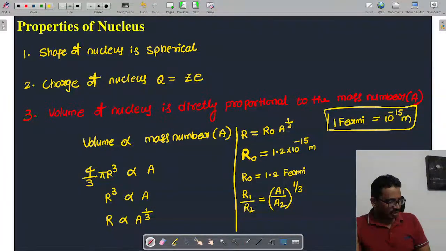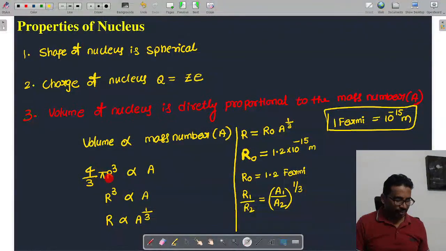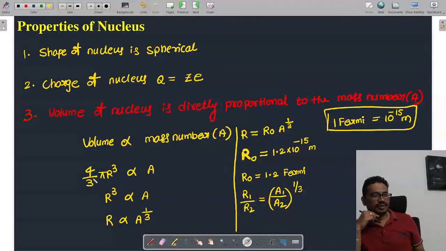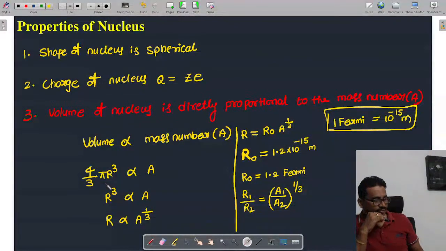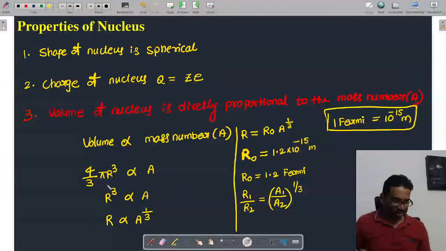Why? Is the video trucking? R is a volume, na. Radius. What is the volume of a sphere? 4 by 3 pi r cube, na. That's why. R is what? Radius. You're talking about R naught.